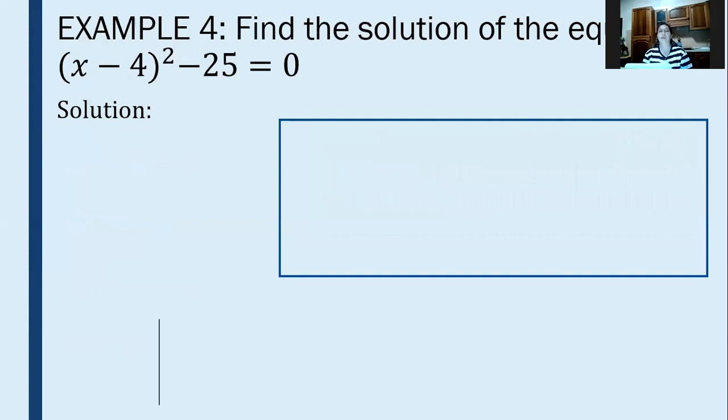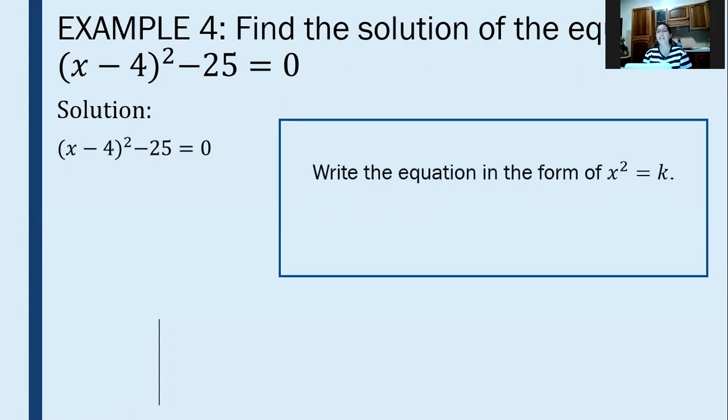Now, example number 4. Find the solution of the equation (x minus 4) quantity squared minus 25 is equal to 0. Okay. Again, write the equation in the form of x squared is equal to k. That is (x minus 4) quantity squared is equal to 25.